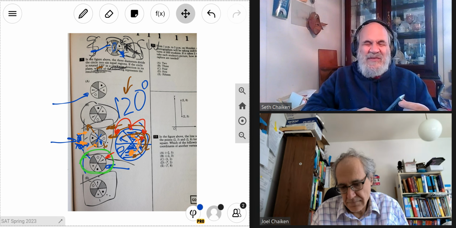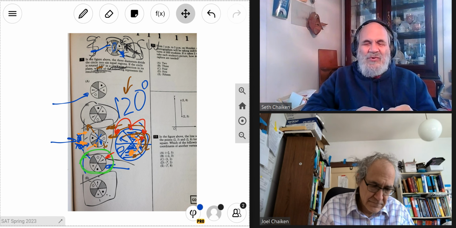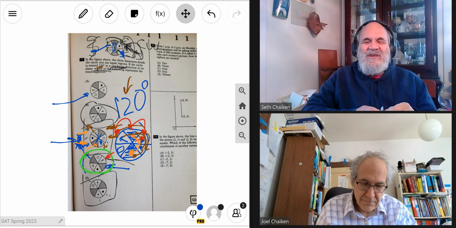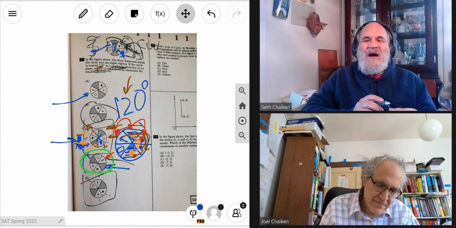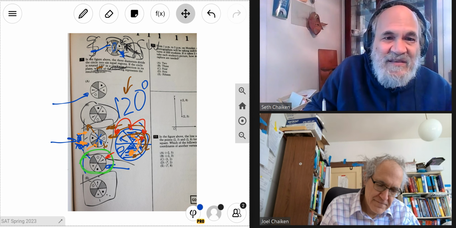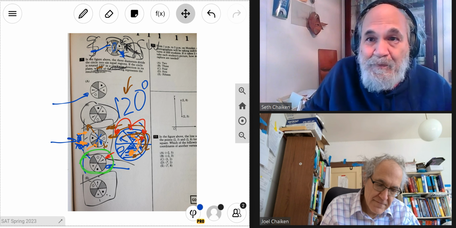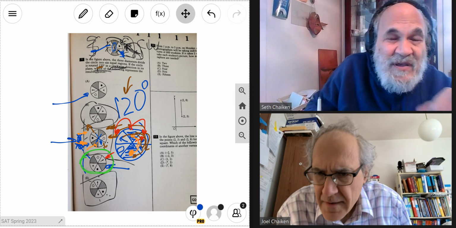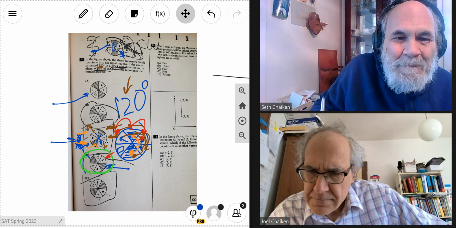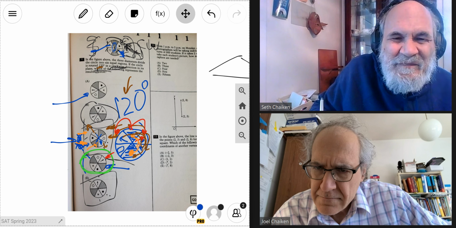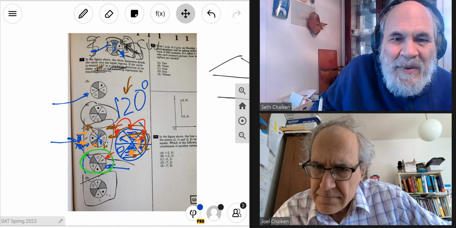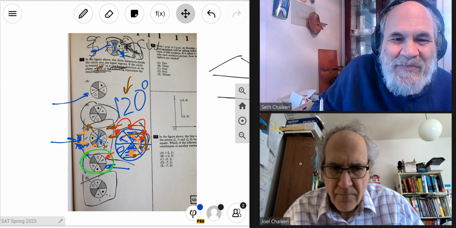There are questions involving congruent triangles presented in different orientations. They'll take a triangle like this, and say it's congruent to this triangle.